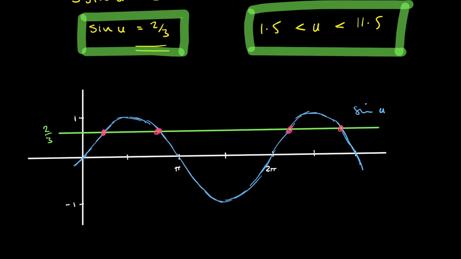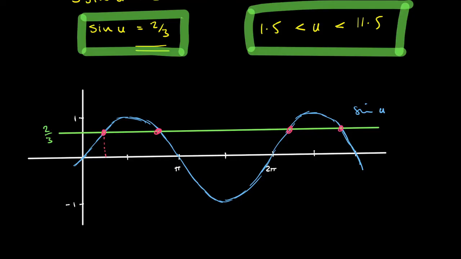Now, if we do sine inverse of 2/3 on our calculator, so 2/3 and then sine inverse, you'll need to change your calculator to radians. How do I do that? Yeah, got it. So sine inverse of 2/3 is 0.729.